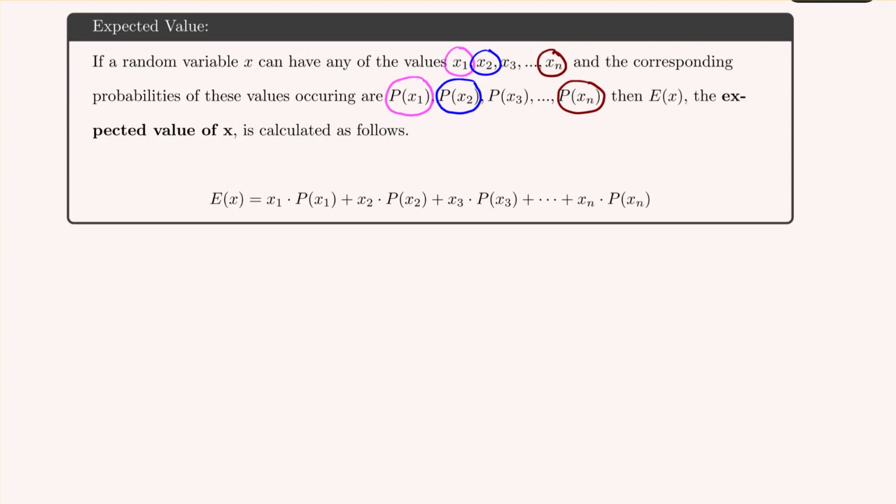So we have a new notation of expected value. So E, the expected value of the data entries x, is calculated as follows.